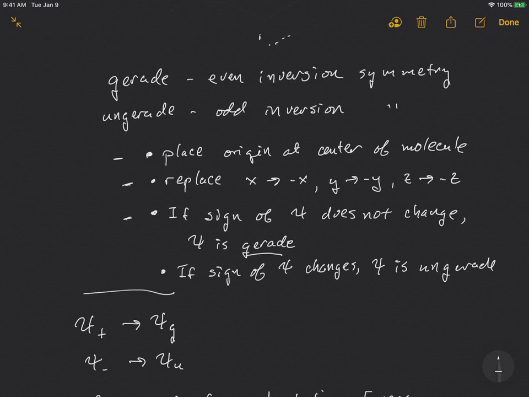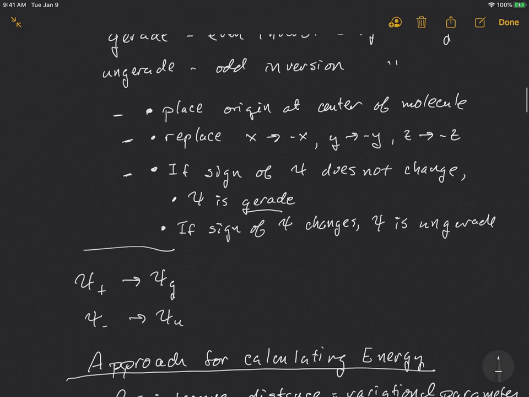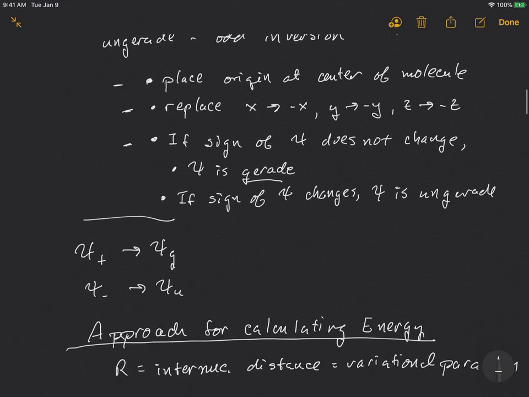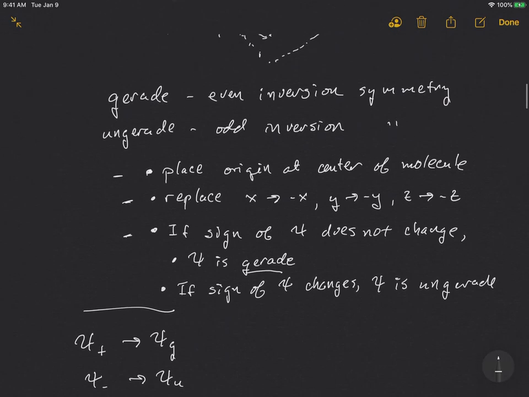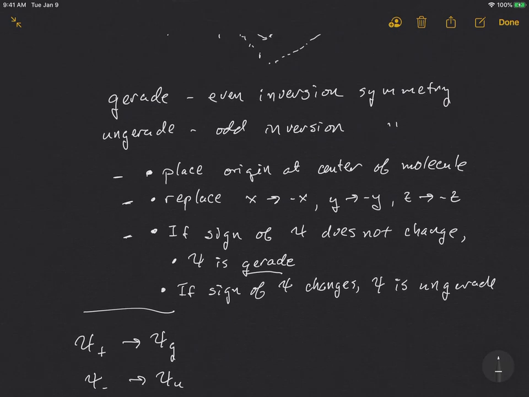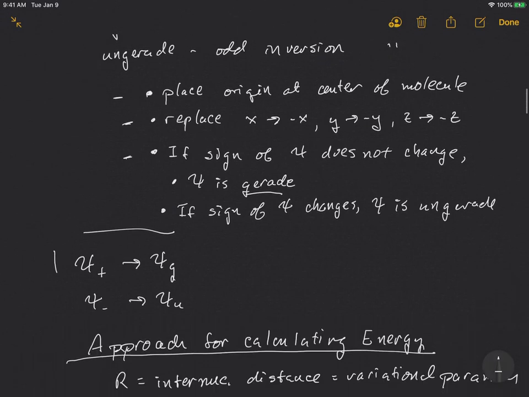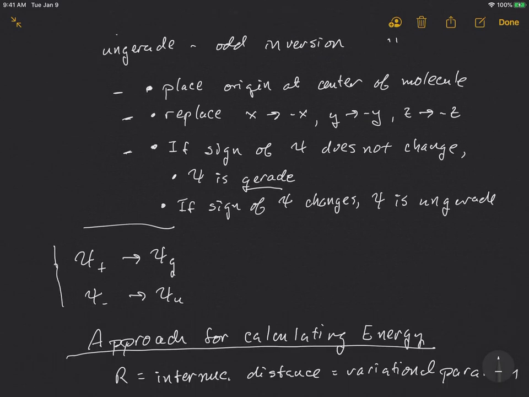If not, then we say it's an even or gerade wave function. If the sign of the wave function does change when you do that, then we say it has odd inversion symmetry and we label it as ungerade. And so now we're going to switch to this other notation where psi plus is replaced with psi g, and psi minus is replaced with psi u.